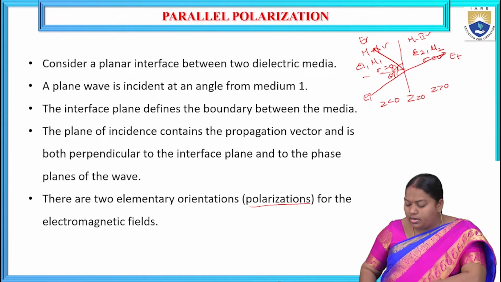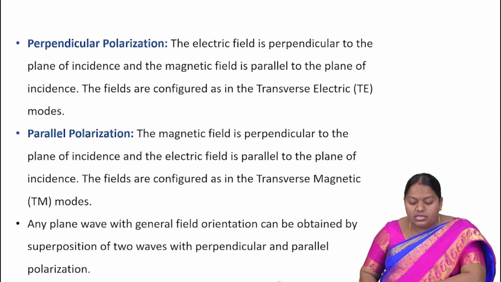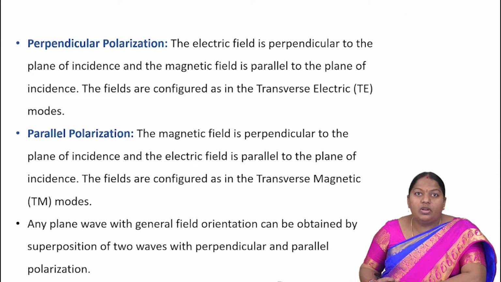So there are two elementary orientations or polarizations for the electromagnetic fields. One is perpendicular polarization or horizontal polarization, and the second one is parallel polarization or vertical polarization.